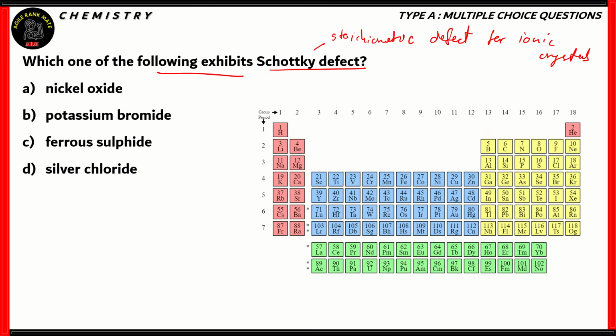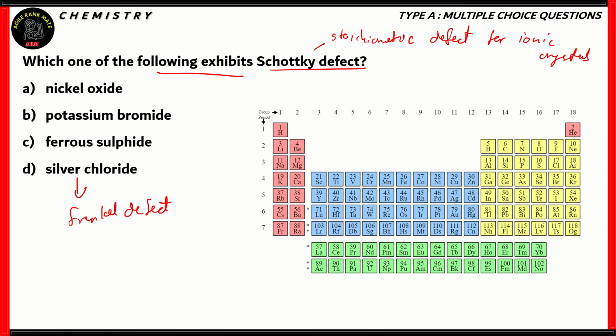So, how do we solve this question? Let's look at each of the compounds given here. Silver chloride is a perfect example for the Frenkel defect. Now, in the Frenkel defect, it's an interstitial defect where the positive ion goes into the interstitial site between negative ions.